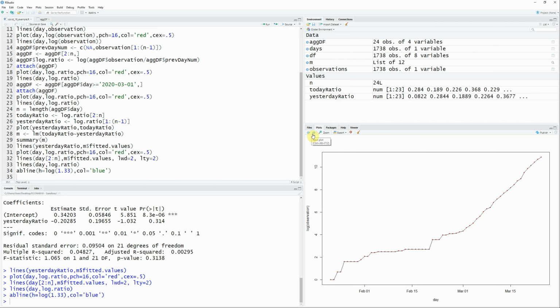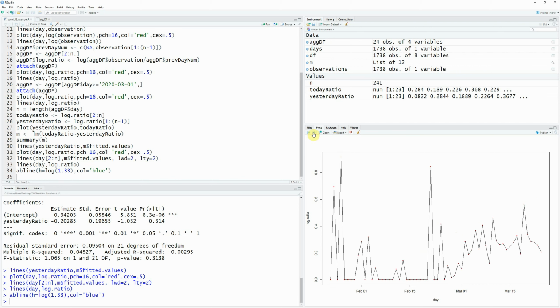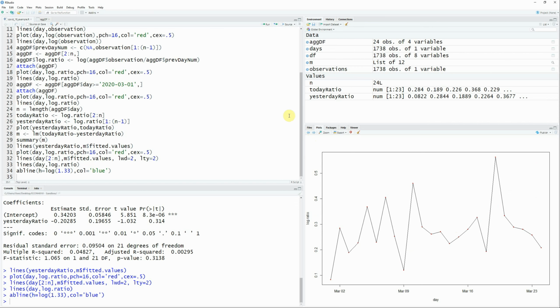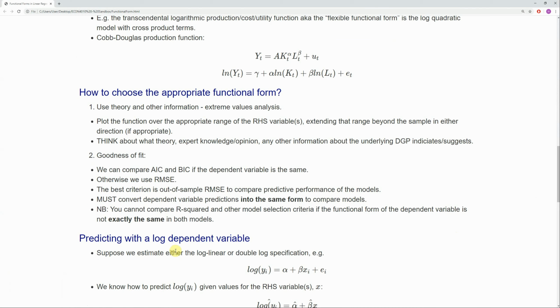So what we are doing with the log ratio part, we are turning the non-stationary data to a stationary, and then we only work with this part of the data set.